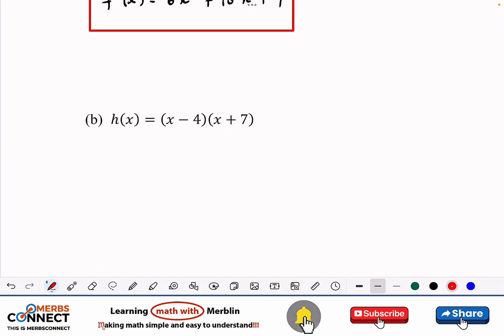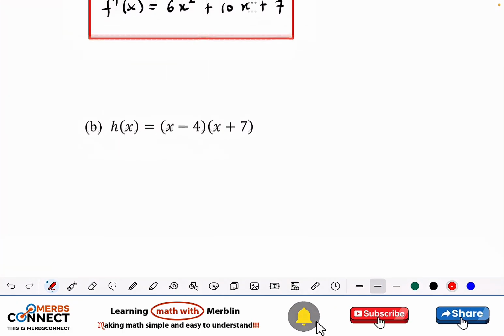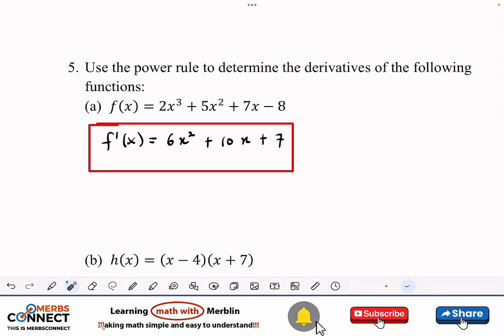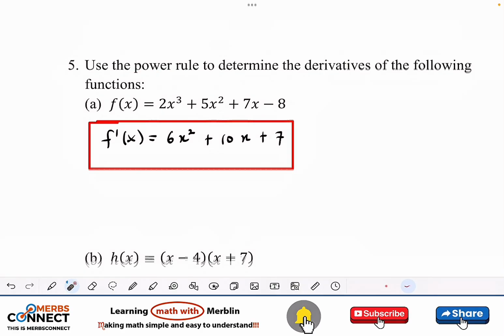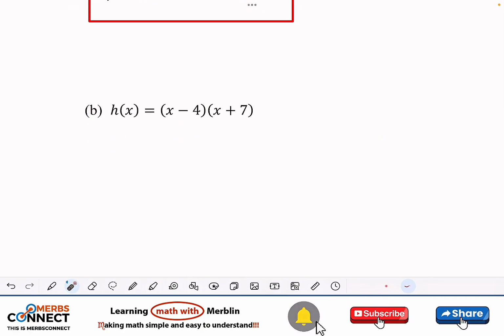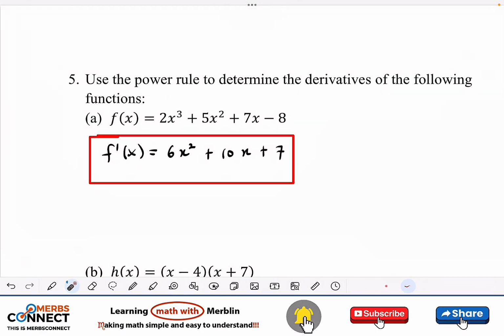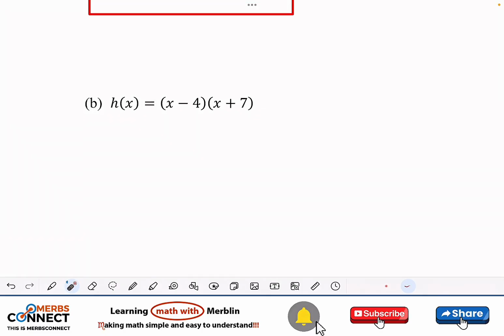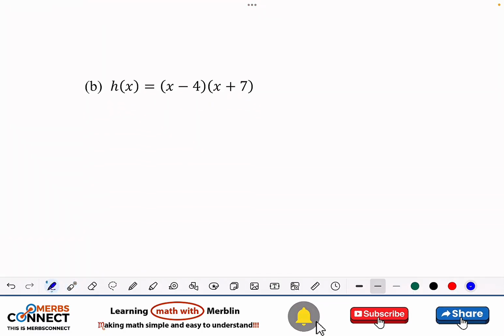So now let's look at B. Don't forget, the question is saying that we should use the power rule. So we cannot use anything else. Here, we cannot use product rule because the question is saying that we should use the power rule. So the only thing that we can do is try to expand this, right? So expand.